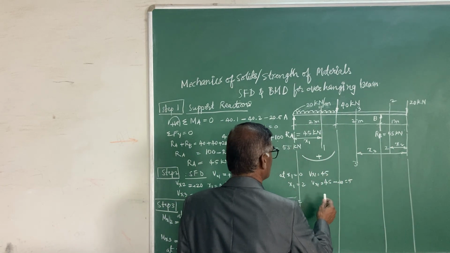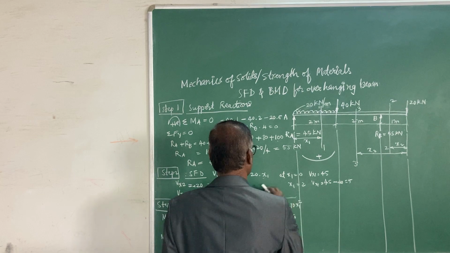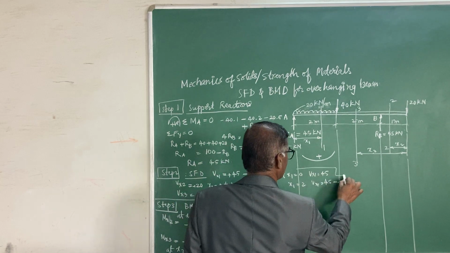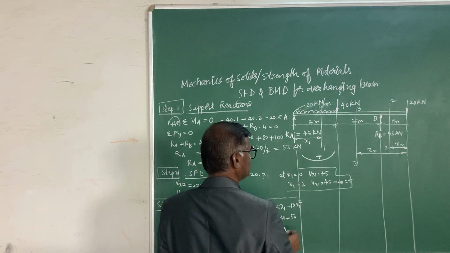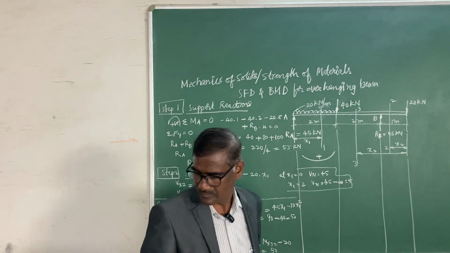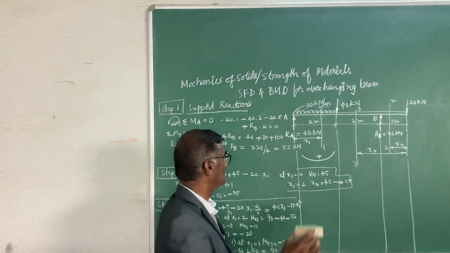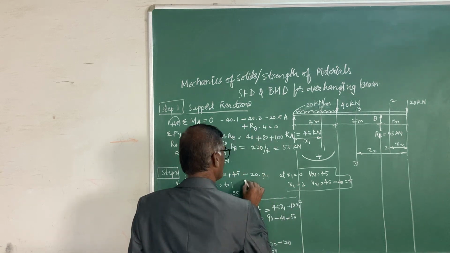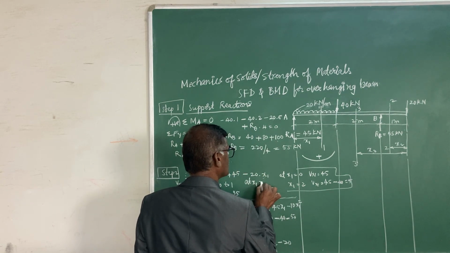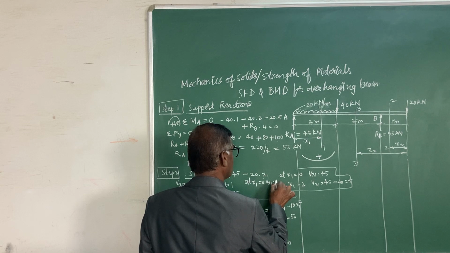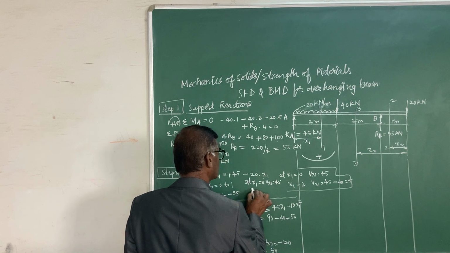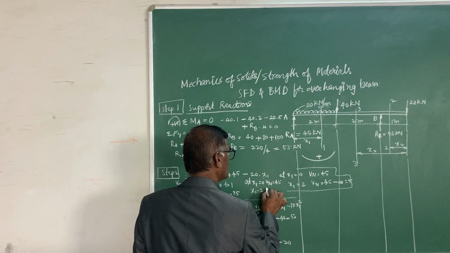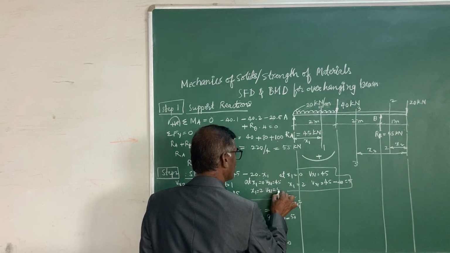Now draw the neutral axis. Here you can keep these values aside. At x1 equals to 0, Vx1 is 45, and at x1 equals to 2, Vx1 becomes 5.